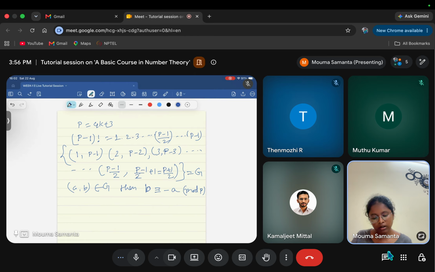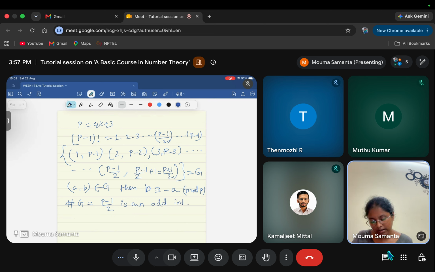Now how many pairs are there in this set G? The cardinality of G equals p minus 1 by 2, an odd integer.